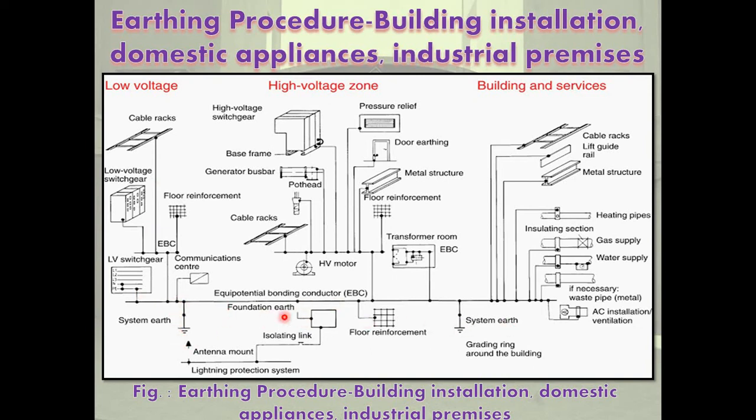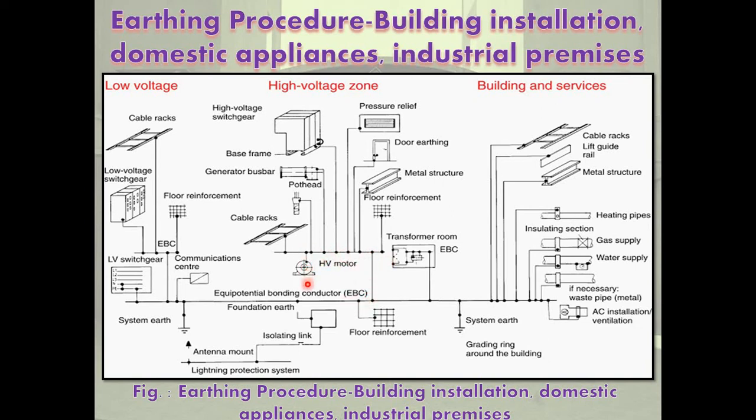And these are the high voltage zone. This is the high voltage switchgear, base frame, generator bus, cable racks, pressure relief door earthing, metal structure, floor reinforcement and transformer room. All are connected with the help of earthing.